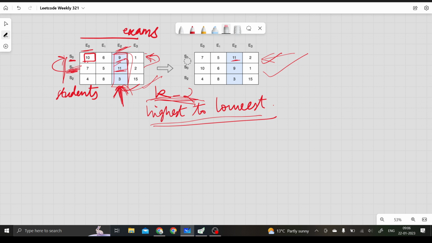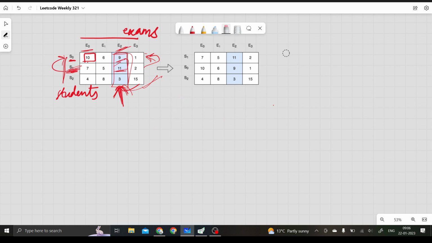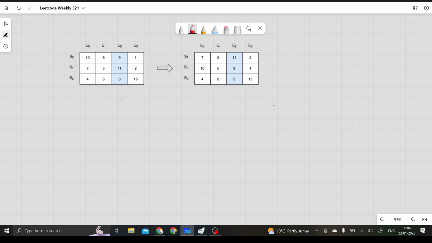Let's see how we will solve it. We have to sort, but we are also associating all the rows; we are not just sorting this column.